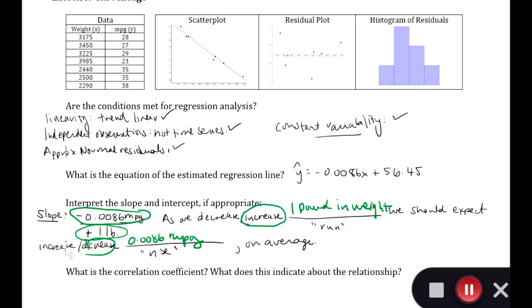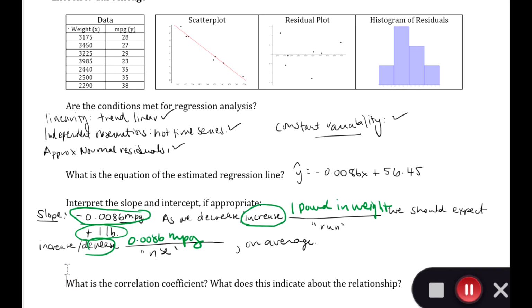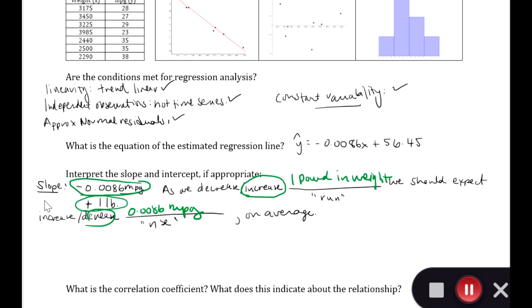Now when we want to go through and interpret the intercept, okay, this is going to be the y value when x equals 0. So this is only going to be appropriate if these two conditions are met.